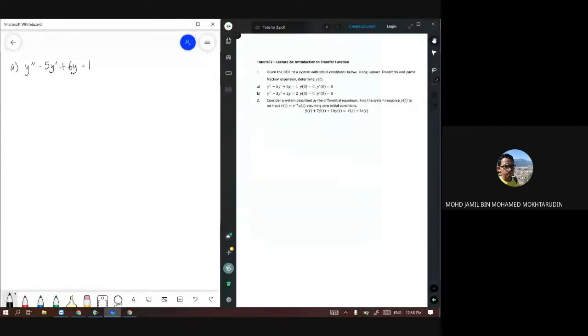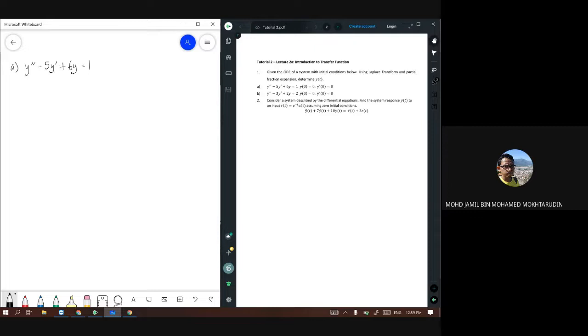So the initial condition given is at time 0, the value of y is 0. So this indicates that you can convert the equation into frequency domain without using the additional extra things, based on the table in lecture 2A.